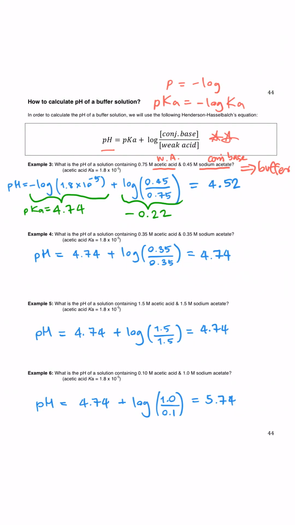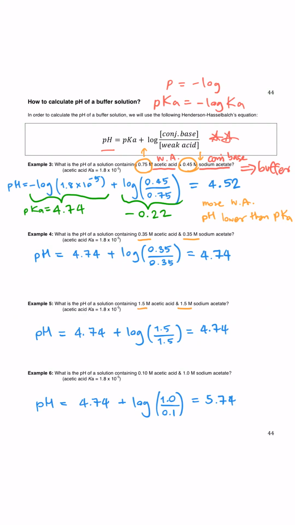Next, we will look at the effect of the concentration of weak acid and its conjugate base in each of these buffer solutions. When we consider example 3, we can see that the amount of weak acid is higher than the amount of its conjugate base. And because this buffer solution has more weak acid, the pH is lower than the pKa. Next, when we consider examples 4 and 5, we can see that the amounts of the weak acid and its conjugate base are the same.